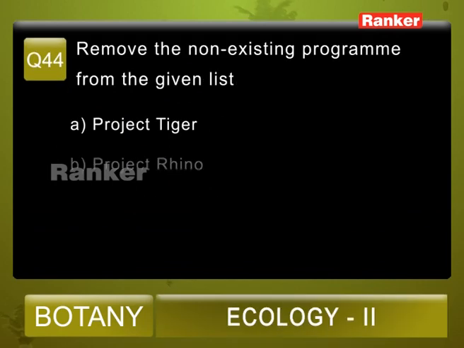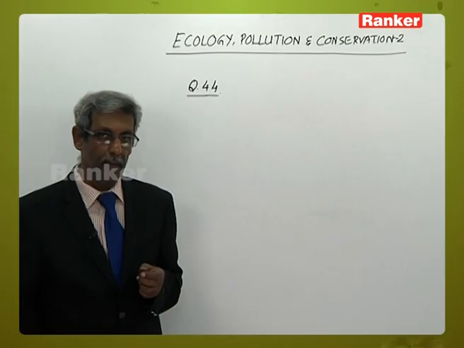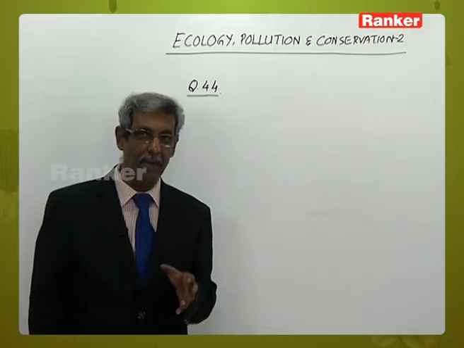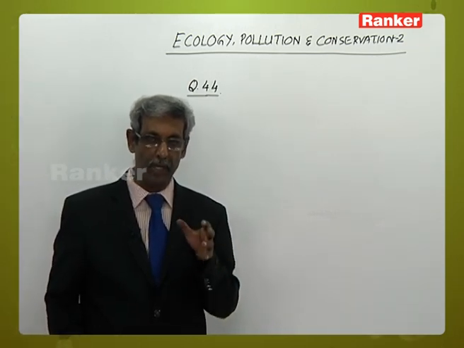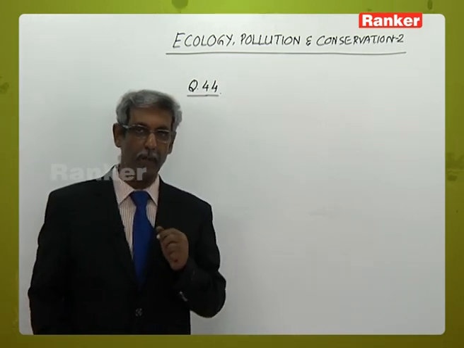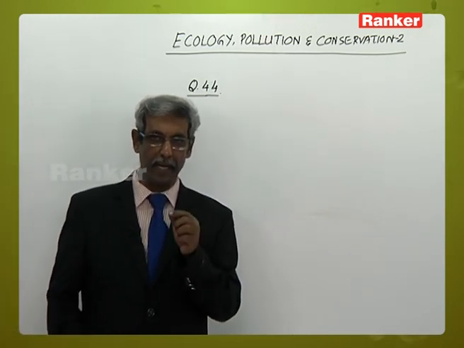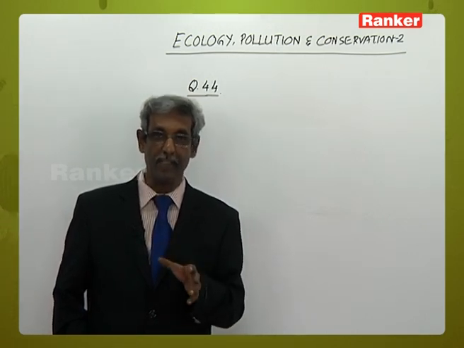44. Remove the non-existing program from the given list. A is Project Tiger, B is Project Rhino, C is Project Cheetah, and D is Project Hungal. The Ministry of Environment and Forests has been having different plans about conservation of wild species in its natural habitat. The first project initiated towards conservation in India is Project Tiger, because if we preserve a tiger, we preserve the tiger habitat, that is the ecosystem.